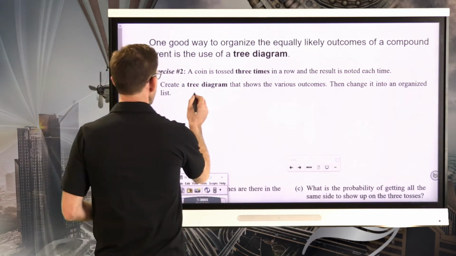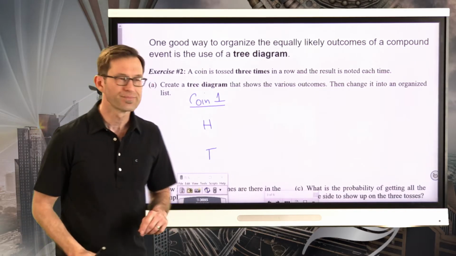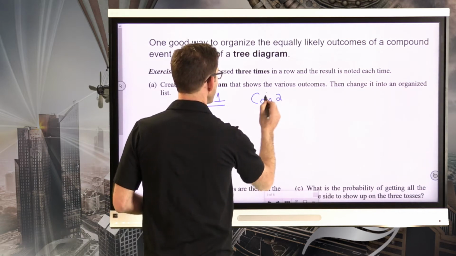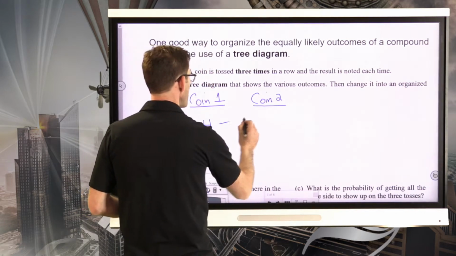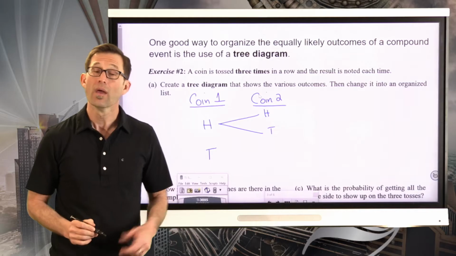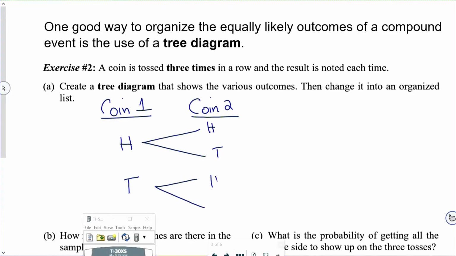Let's say I flip coin 1. I could get a head or I could get a tail. That's it. Now, I think about flipping coin 2. If I got a head on coin 1, I could get a head or a tail on coin 2. But if I flipped a tail on coin 1, I could get a head or a tail on coin 2.